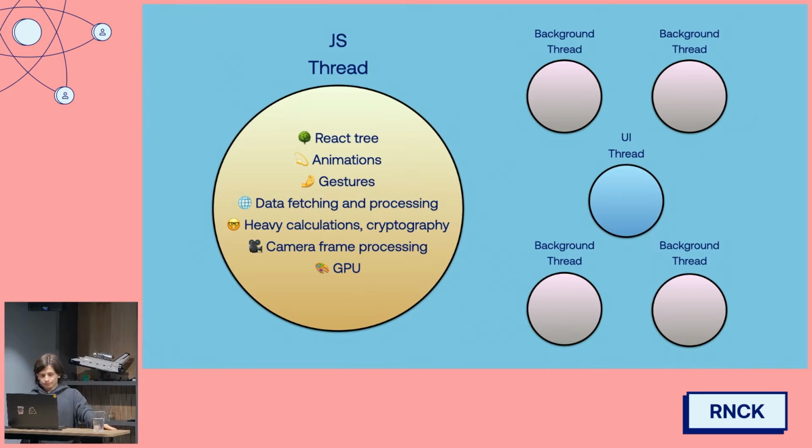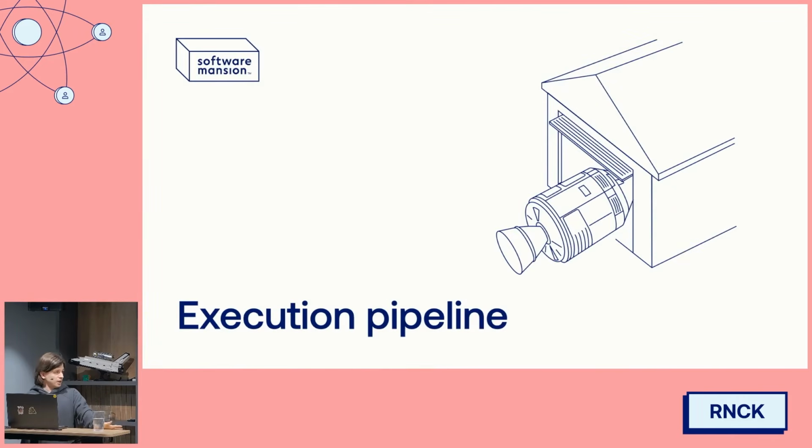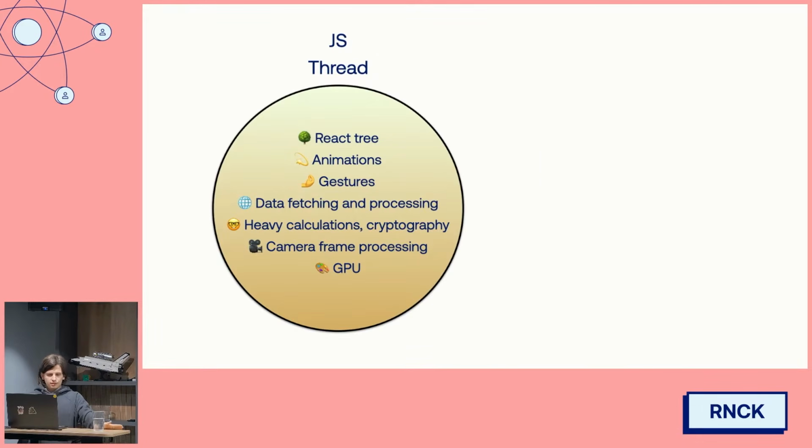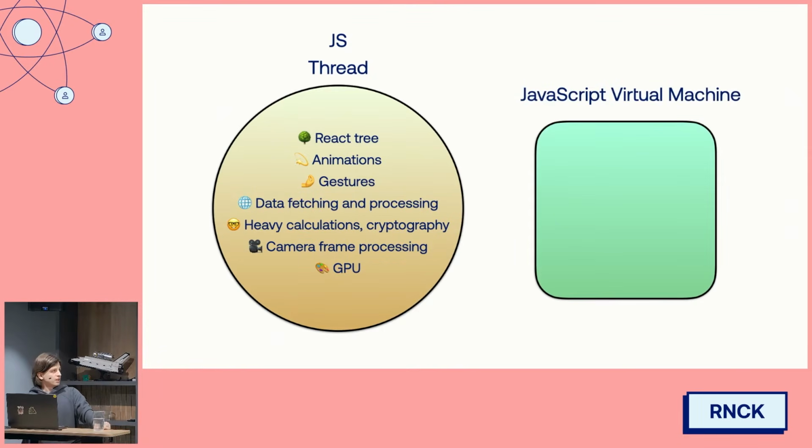But how? The execution pipeline in React Native is quite simple too. So we have that JS thread, which has all of these tasks in the JavaScript code, but it cannot execute these tasks on its own. It needs a tool that can understand the JavaScript code. So this tool is an instance of the JavaScript virtual machine, the block of memory that understands JavaScript and can do some stuff with it.